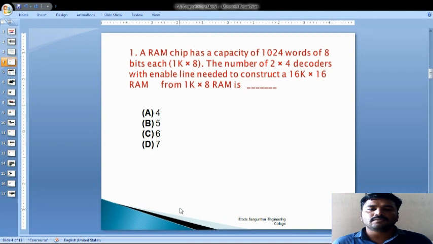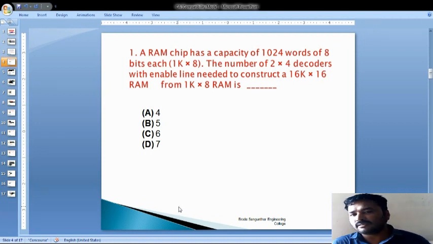Let us have a look at some of the problematic sums. A RAM chip has a capacity of 1024 words of 8 bits each, that is 1K into 8.